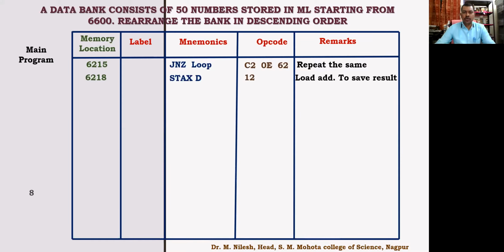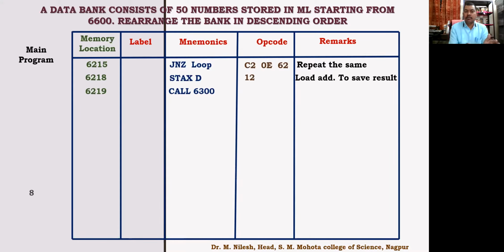Now the first smallest number is being stored in that particular memory location. Now what we have to do? We have to replace that smallest number with the largest number that we have, that is FF. Why? Because when we again go in the loop, it will repeat the same procedure, and it will look for the next smallest number.